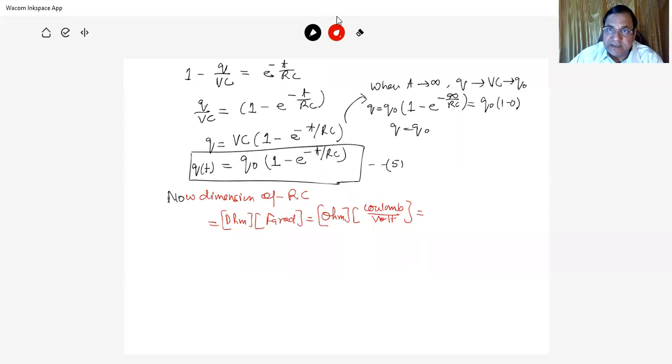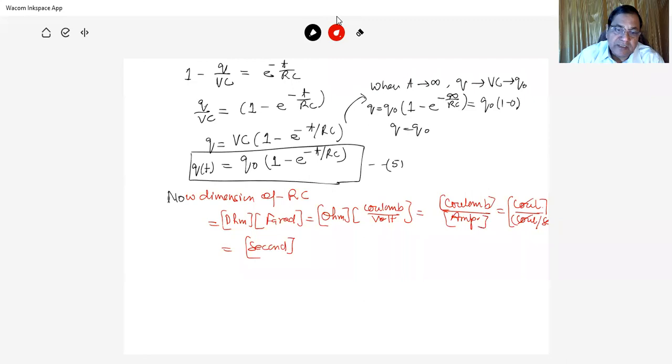So this is coulomb upon ampere, that is coulomb upon coulomb per second. So this is second, because coulombs cancel over here.